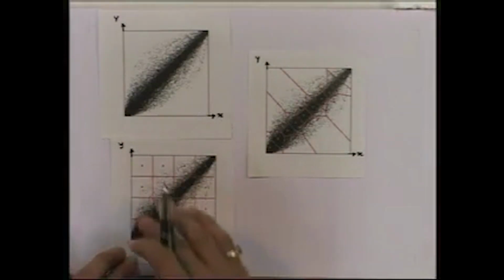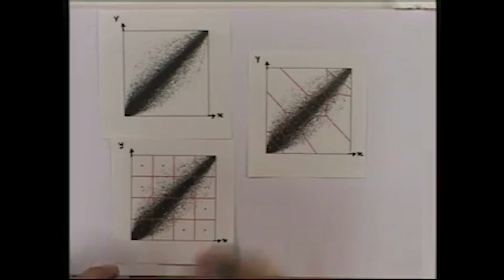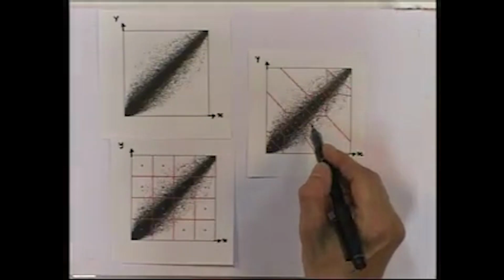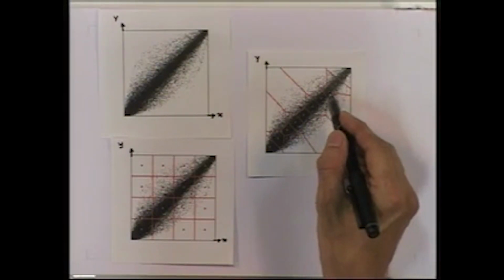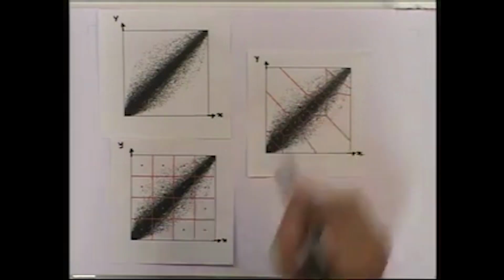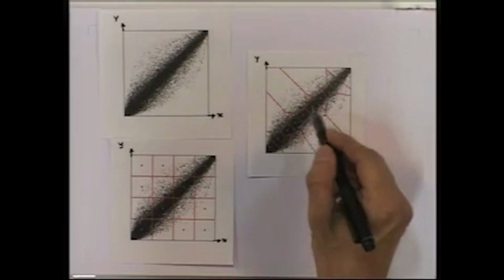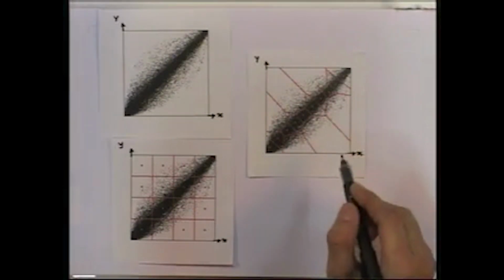As in the earlier figure, the codebook vectors are represented as big red dots and the red lines delimit their zones of influence.